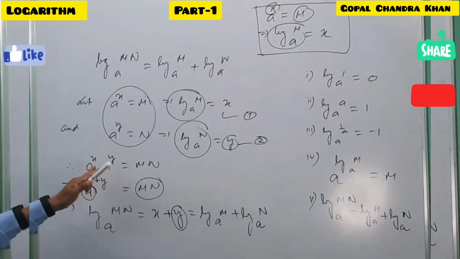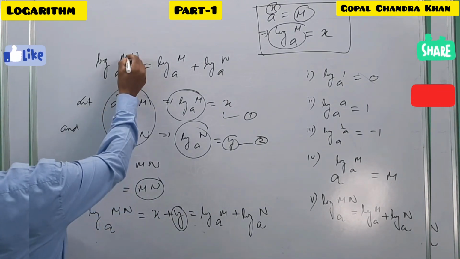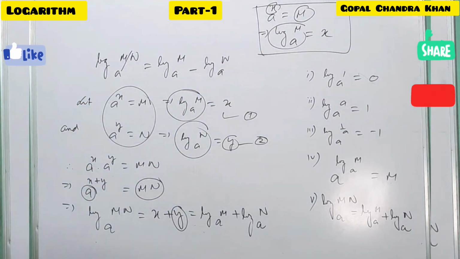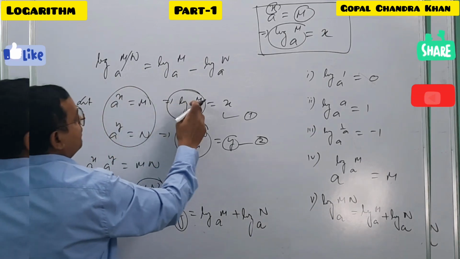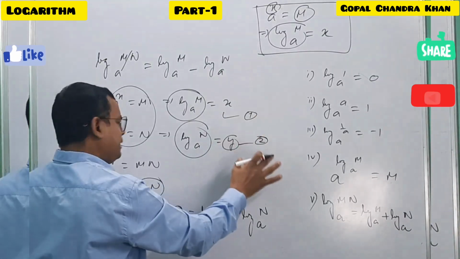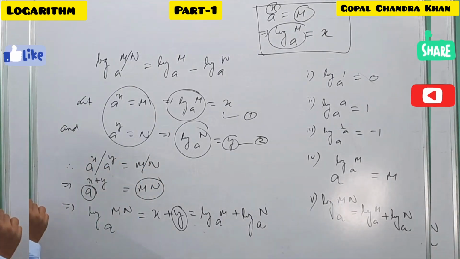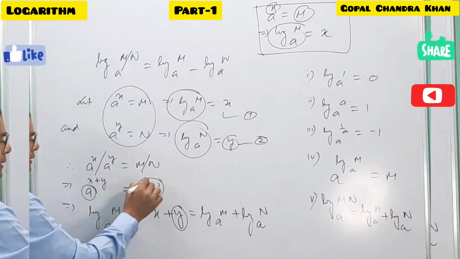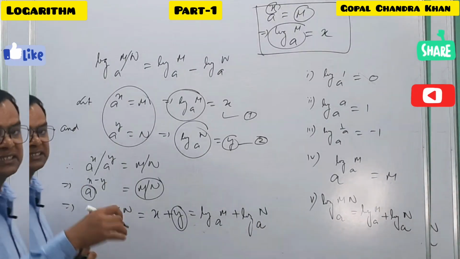Similarly, if I do the same way for m by n, we will get minus. Let me show you. We shall do the same way. We shall take a to the power x equal to m, that will be log m base a equal to x, a to the power y equal to n, log n base a equals to y. Same as before, but here we shall divide. If I divide, the powers will also divide. Yes, that means a to the power x by a to the power y equals to m by n. That means here it will be m by n and here it will be minus, because it is changed already.